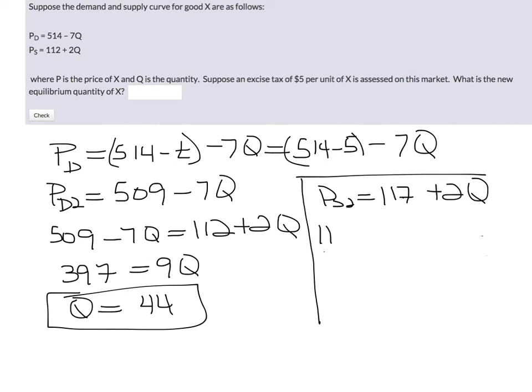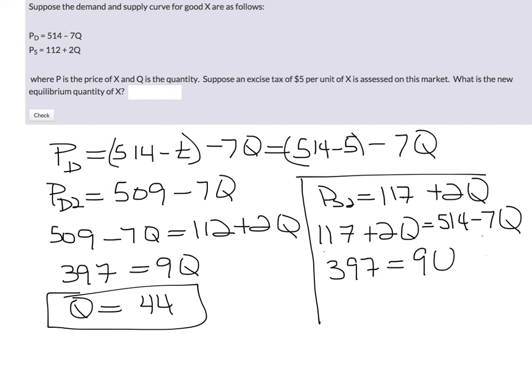Again, we use that to solve for the equilibrium. In this case, the demand stays the same. We subtract 514 minus 117. Again, that's 397 equals 9Q. We divide by 9, and the answer is exactly the same.